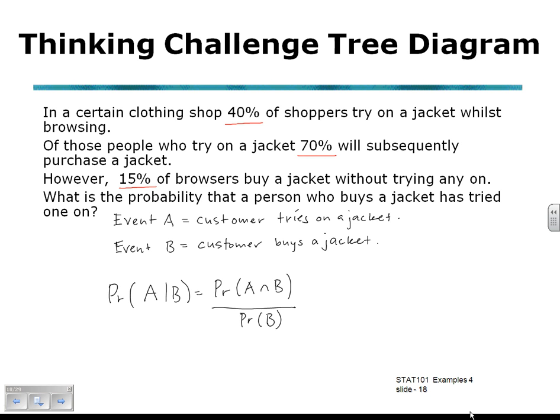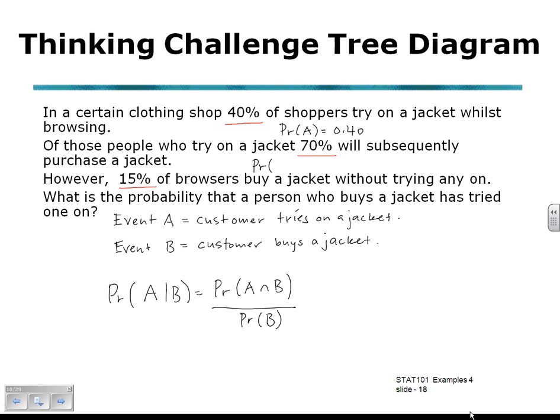Let's go back to the wording of the question and pick up some probabilities for our events A and B. We're told 40% of shoppers try on a jacket whilst browsing, so our probability of event A will be 0.4. Of those people who try on a jacket, 70% will subsequently purchase a jacket.